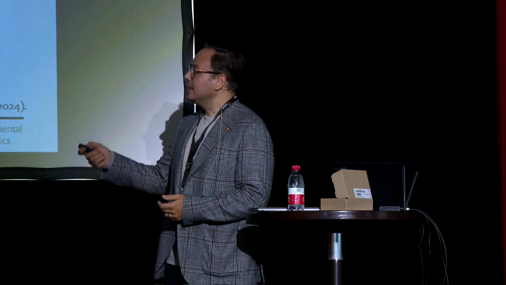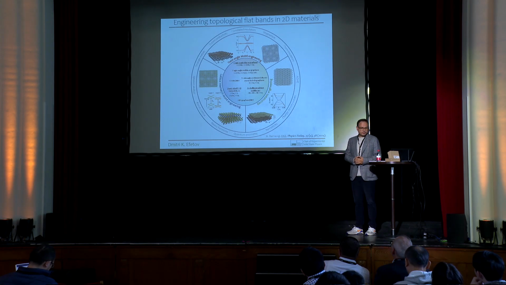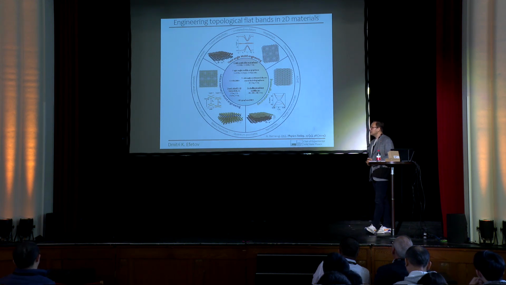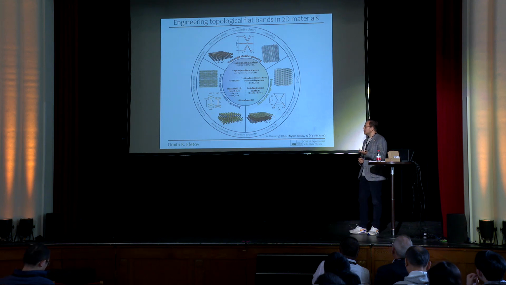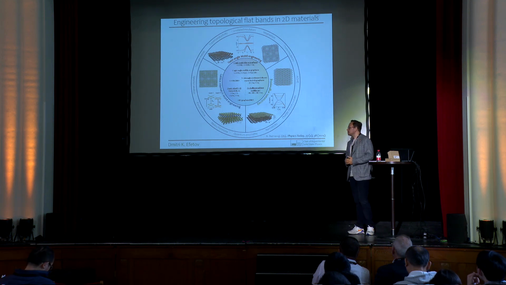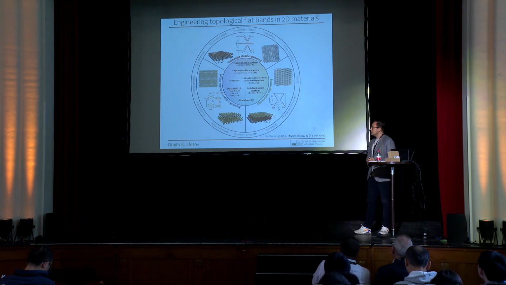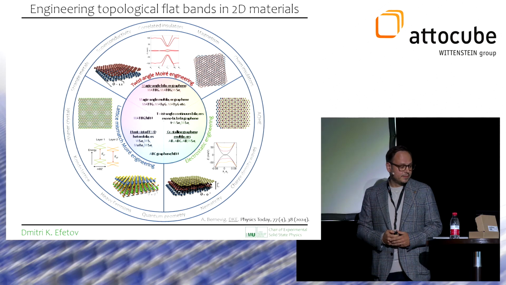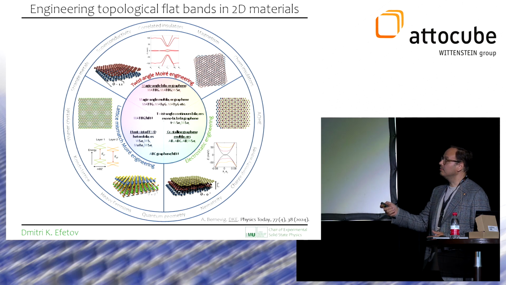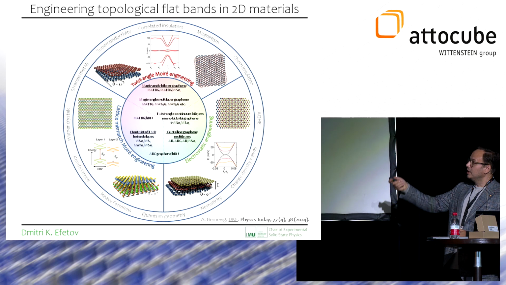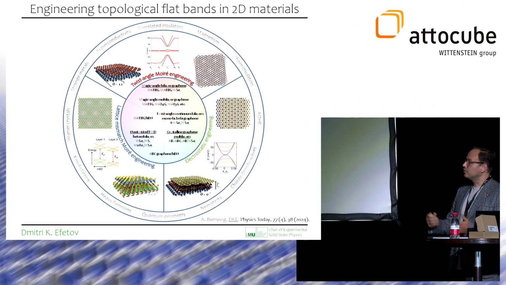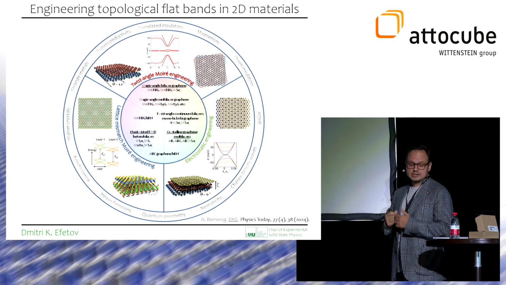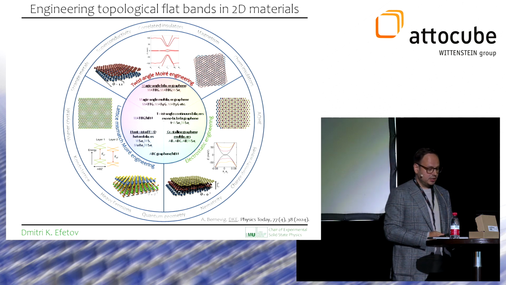I just want to highlight that by now, a lot of new tricks and techniques have been developed to manipulate these flat bands: twist angle Moiré engineering, lattice mismatch Moiré engineering, and also electrostatic gates to induce strong displacement fields to further tune the layers. The multitude of phases that we observe in the system so far, ranging from superconductivity to correlated effects and strong topological features, is really remarkable.